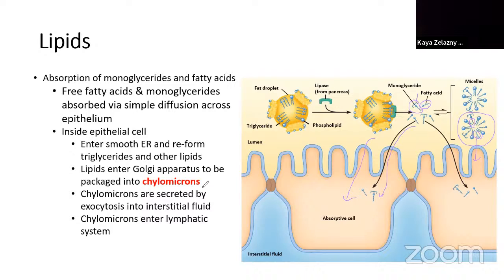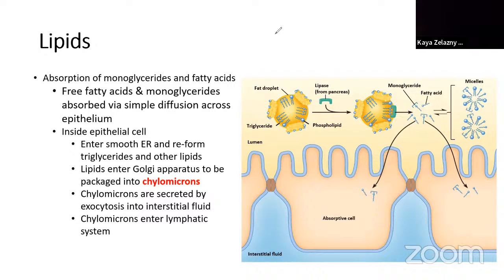So as we start to move them into the body, we actually move them into the lymphatic system. They can interact a little better with the fluid in the lymphatic system. So the chylomicrons are made in the Golgi apparatus, and they're going to get secreted into the interstitial fluid. So this is fluid on the other side of the cell, and then they're going into the lymphatic system.